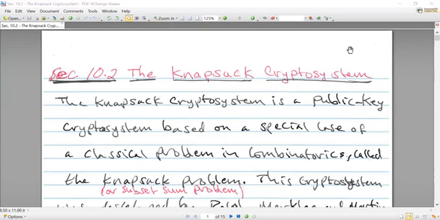And this crypto system is based on the difficulty of solving a classical problem in combinatorics called the Knapsack Problem, or another name for it is the subset sum problem.